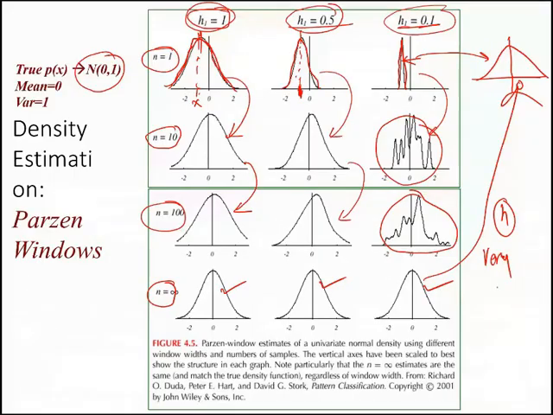Choosing proper value of h. In case of window based methods, choosing a width of window is very important. And second thing is, you should have number of samples as large as possible to have very good estimation. In case of parzen window, you should have large number of samples to have better estimation.